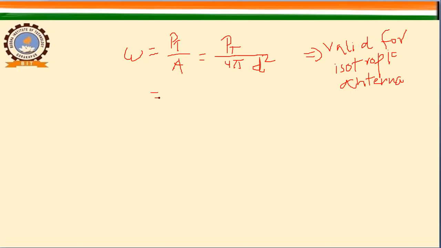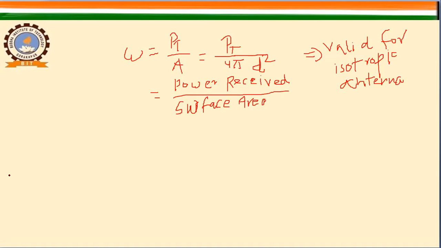That is nothing but power received to the surface area. You can say the power density can be defined as the ratio of power received to the surface area. So this equation is derived for the direct line of sight.